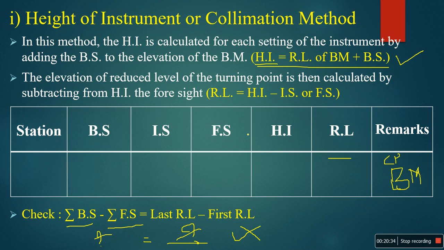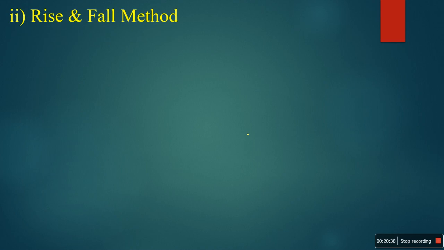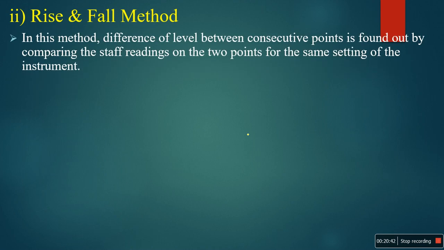Next one is the rise and fall method. In this method, the difference of level between consecutive points is found out by comparing the staff readings on the two points for the same setup of the instrument.